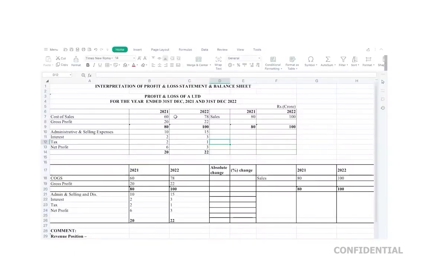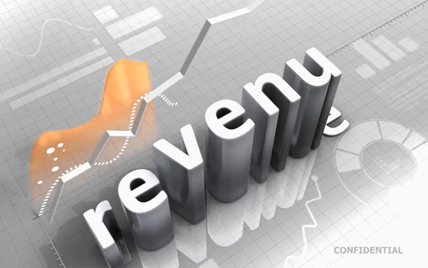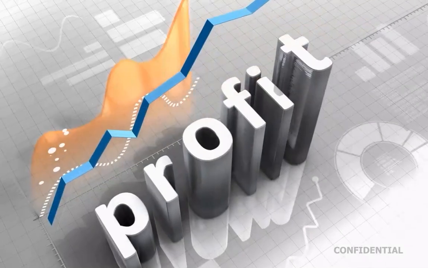Whenever you do the analysis of the profit and loss account, you basically need to take into account a historical period, at least 5 years, so that you understand the trend of the company, how they are growing in revenue terms as well as in profit terms.